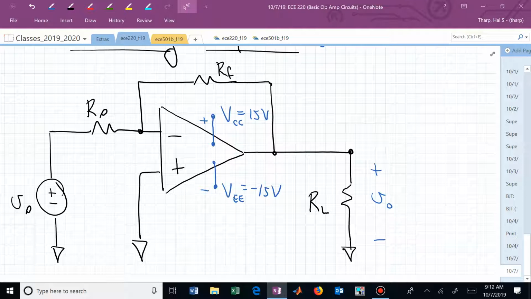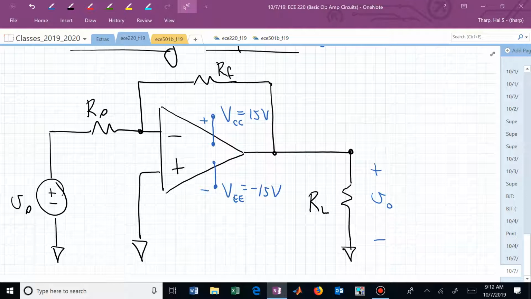Yes, we do have a resistor taking that. If we didn't have that negative feedback, this poor op-amp is going to saturate. It's going to be either at the positive supply value voltage or the negative supply value voltage. If we didn't have that feedback resistor, this poor op-amp is going to want to just go to plus 15 or minus 15 depending on what it sees at its input terminals.